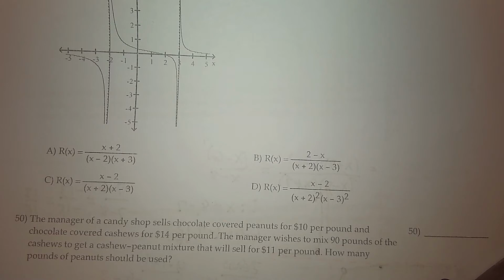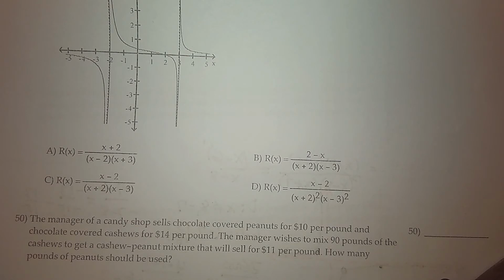Another place to look. Where's the x-intercept? The 0. At positive 2. So when I plug in positive 2, does it give me the answer 0 on top? Now we got to look at some other things. Next, look at D. What do you notice about the exponents on the vertical asymptotes? So the multiplicity is even or odd?